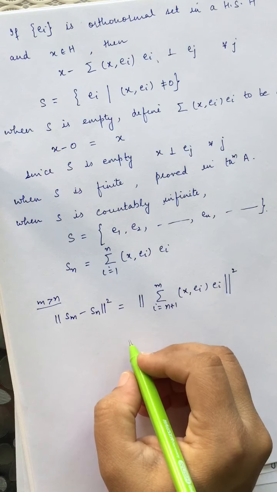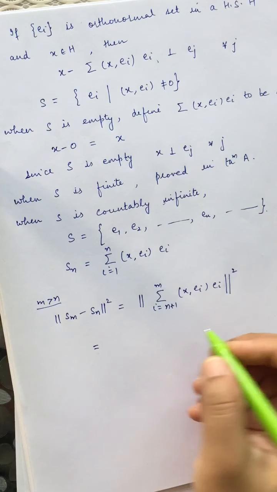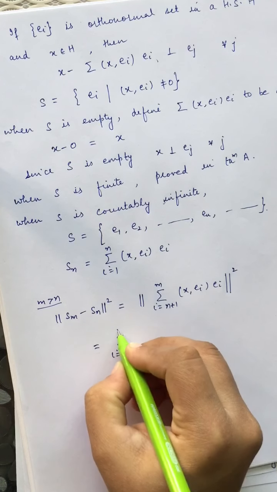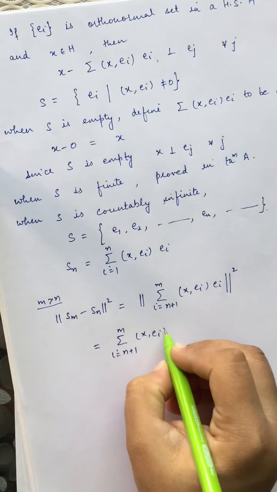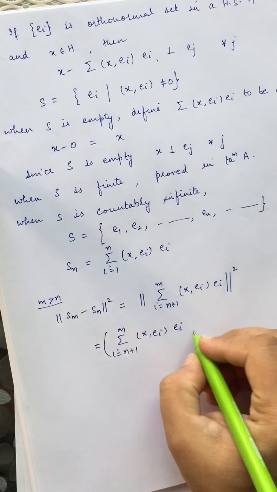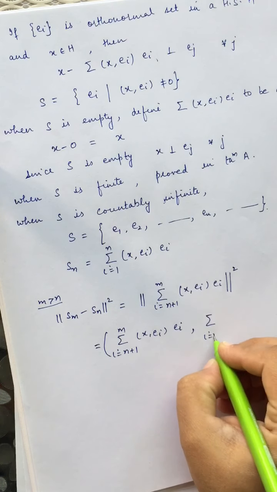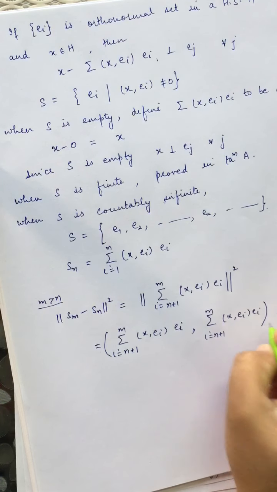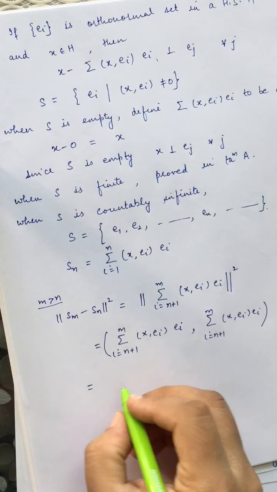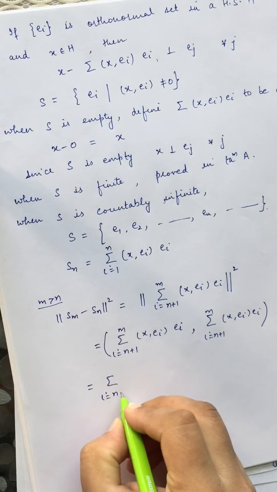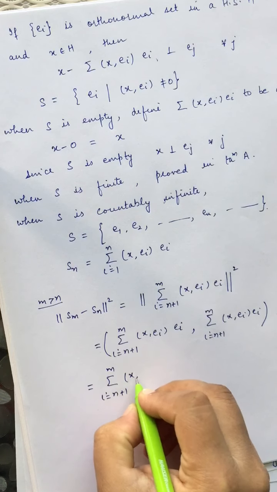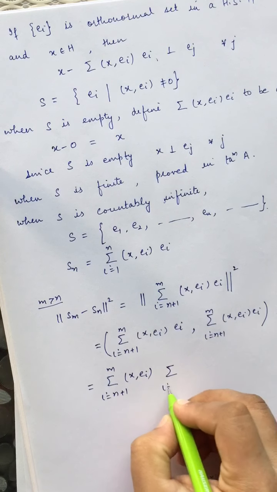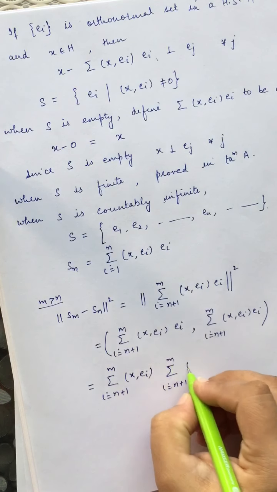So we will open this norm square. The norm square will become just the inner product of the vector with itself. So when we open this, it will become the summation, i varying from n plus 1 to m, of (x, e_i) e_i.